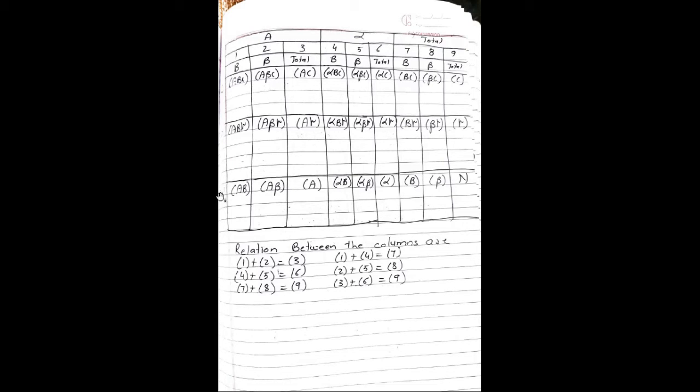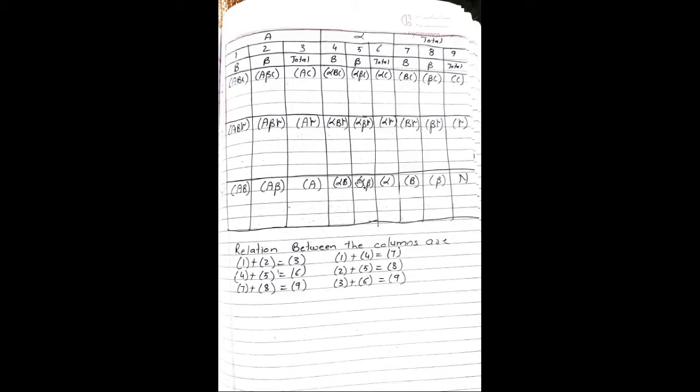So the name of this cell is AB gamma. Name of this cell is A beta gamma. This becomes A gamma. Then alpha B gamma, alpha beta gamma, total of alpha gamma, B gamma, beta gamma, total of gamma. Then total AB, total A beta, total of A, frequency of class A.